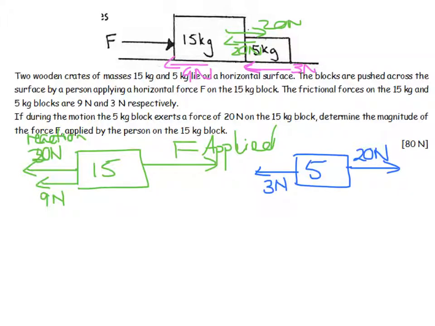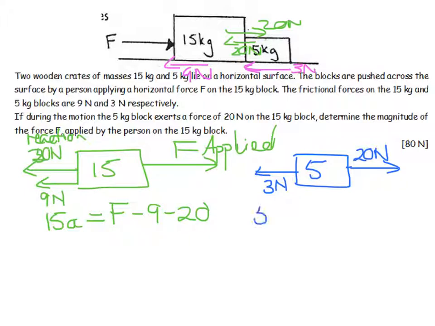Let's look at force resultant. Force resultant is always mass times the acceleration of the system, which is not 9.8, and is equal to the big force. Obviously, this whole system is moving to the right. We can only assume it's moving towards the right. So we're going to say F minus 9 minus 20: force to the right, less the two forces to the left.